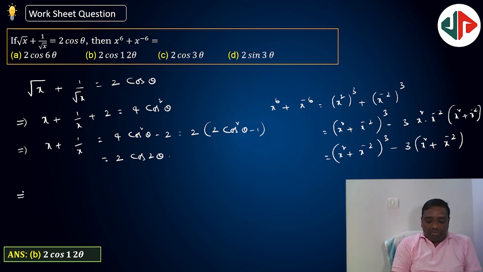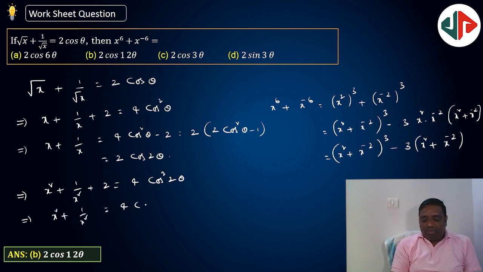Again squaring on both sides, x square plus 1 by x square plus 2 is equal to 4 times cos square 2 theta. This is nothing but x square plus 1 by x square is equal to 4 times cos square 2 theta minus 2. This again is converted into 2 times cos 4 theta.